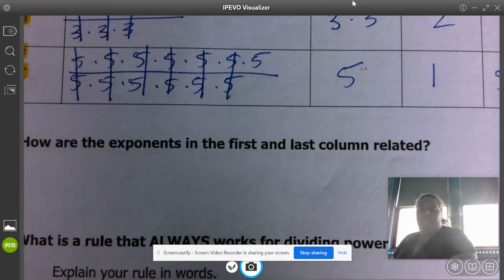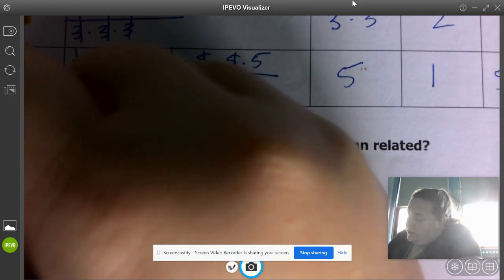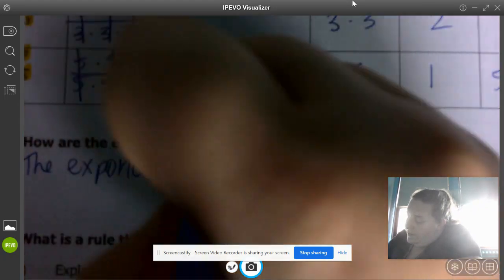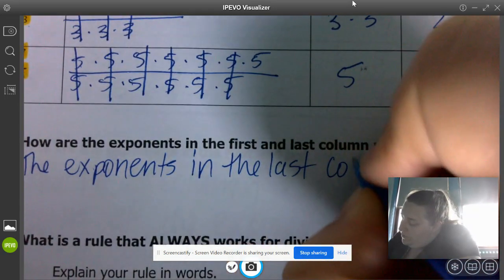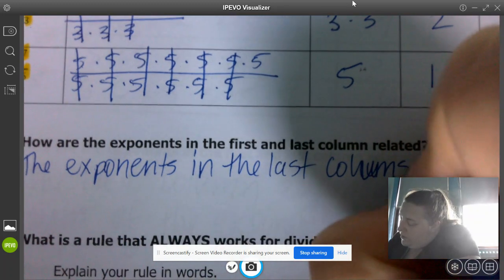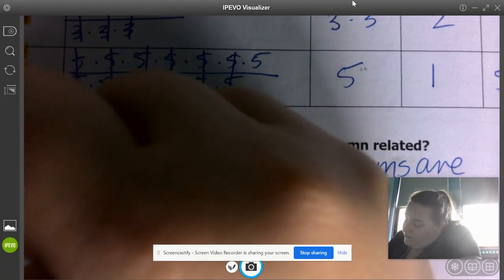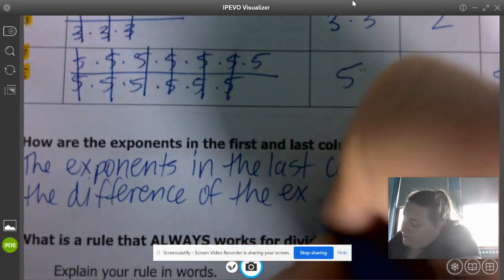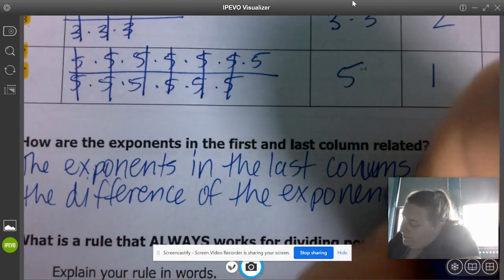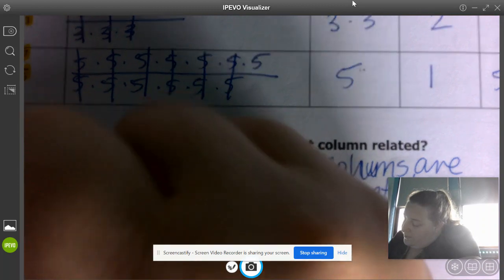So what you should have found is that the exponents in the last column are the difference of the exponents in the first column.